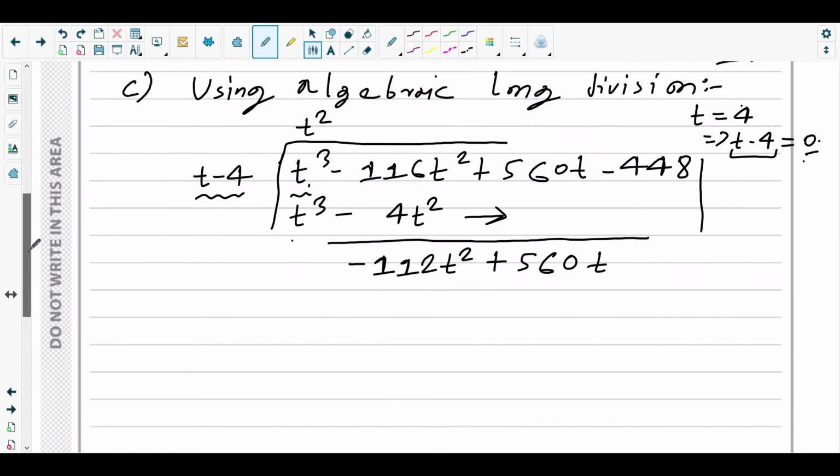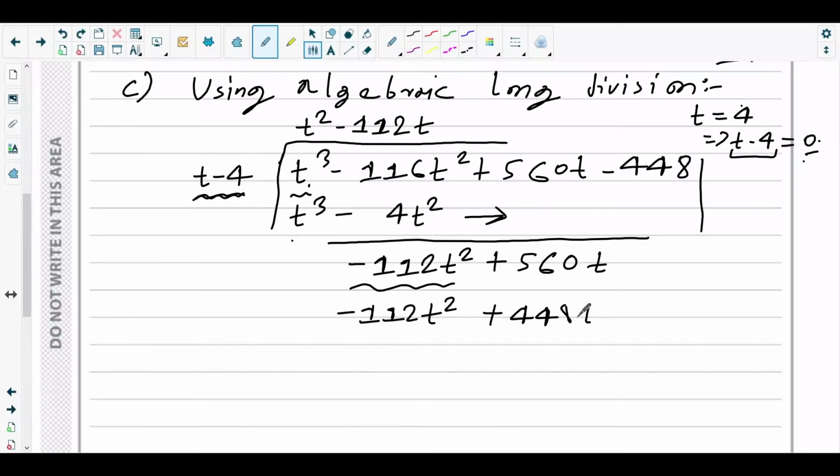Okay, now what do we need to multiply with t minus 4 to get negative 112t squared? This is nothing but negative 112t. So that would give you negative 112t squared, and negative times negative makes it positive, so plus 112 times 4, which is basically 448t. Okay, so now as before, subtract the second expression from the first expression. So negative 112t squared cancels out.